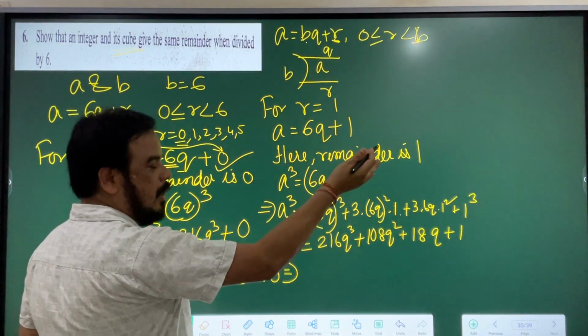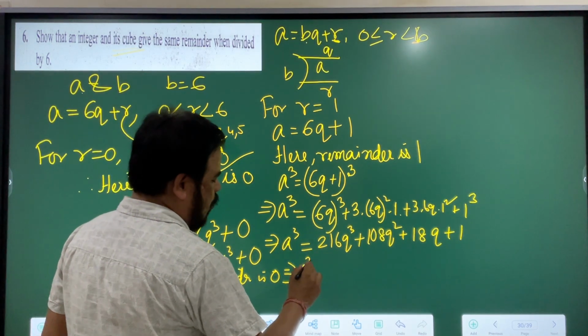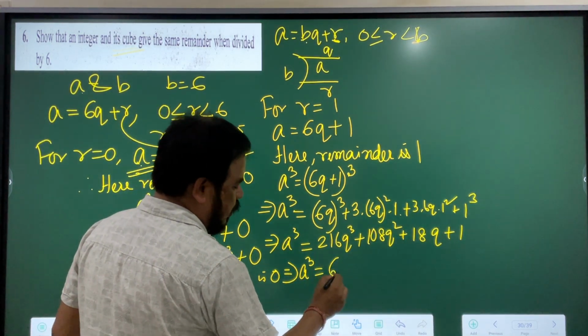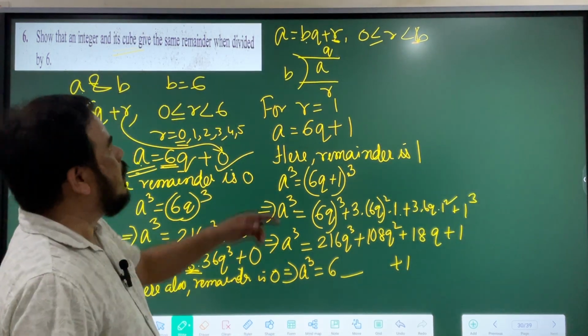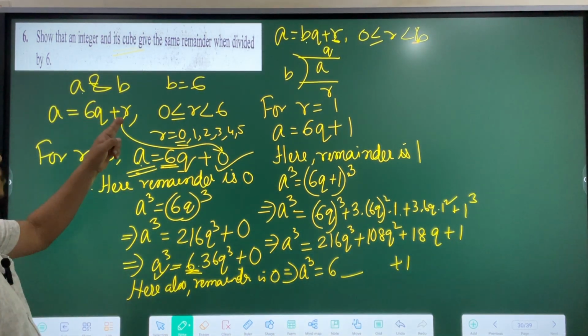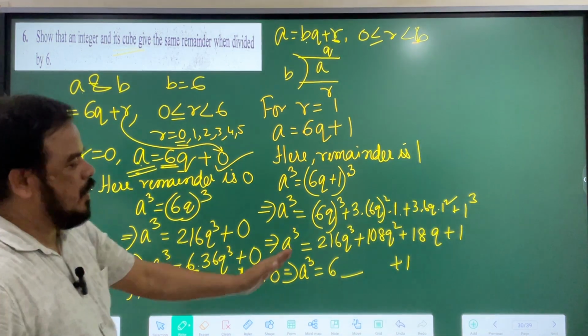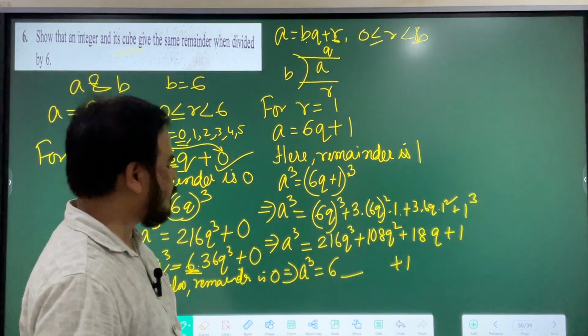What do we have to get? Remainder 1. So A cube is equal to 6 something plus 1, we need. A equals 6Q plus 1. 6 something, something is K.